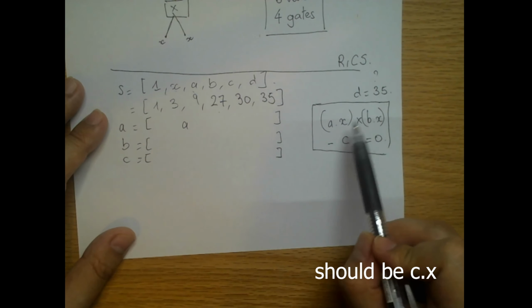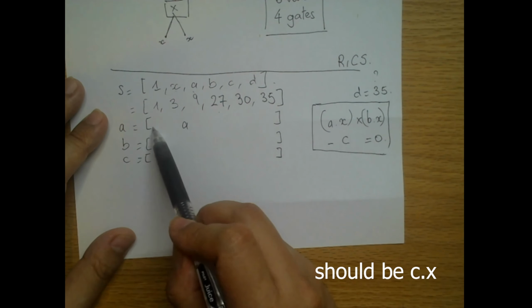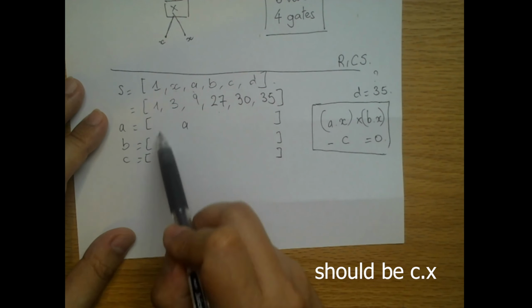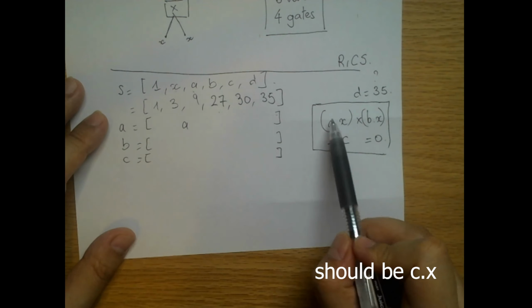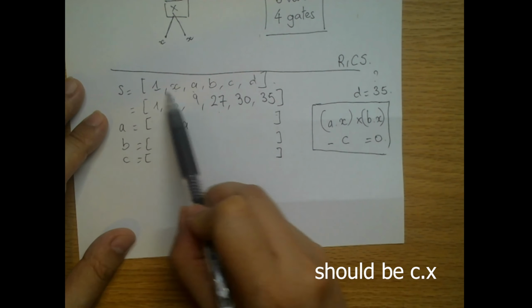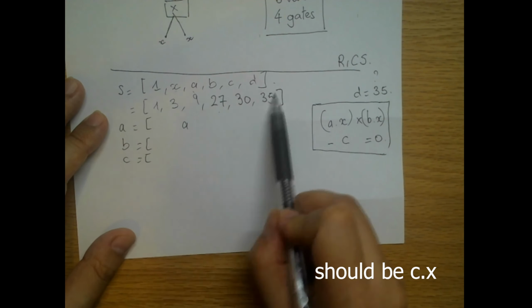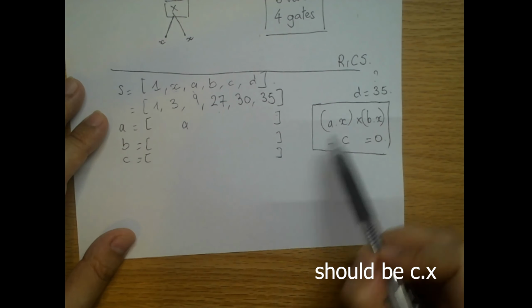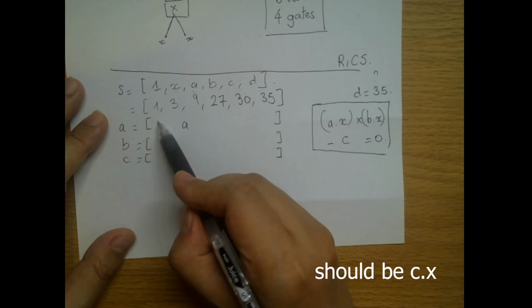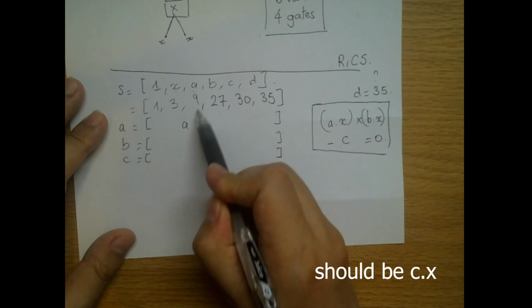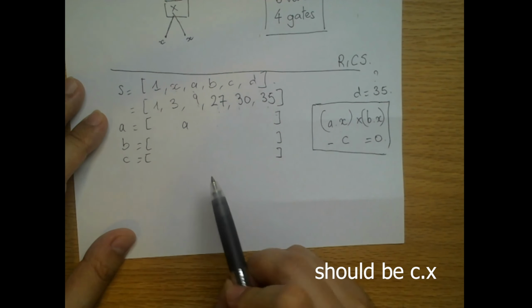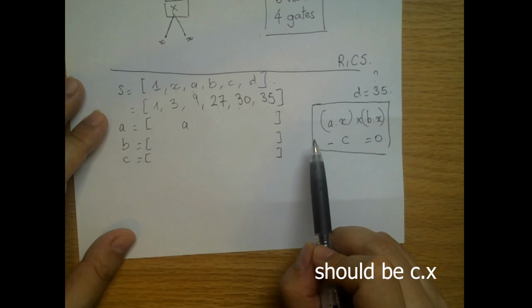The scalar product is calculated if you have 2 vectors, for example this one and this one, which have to have the same dimension. This one is okay because it's 6 and 6. You do this product by multiplying term by term, and then you sum the result.